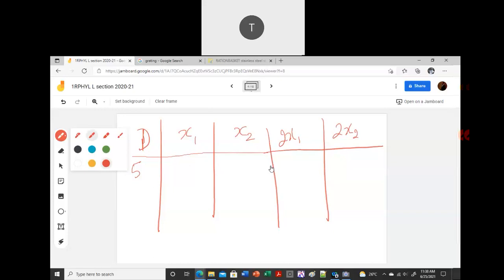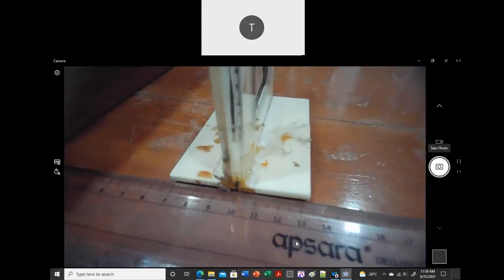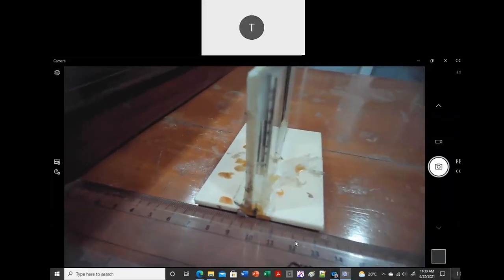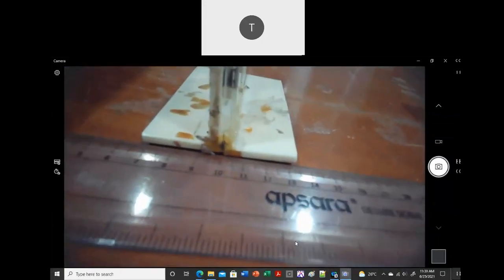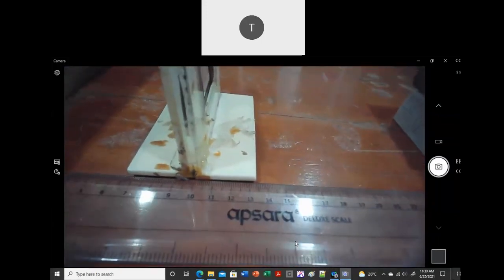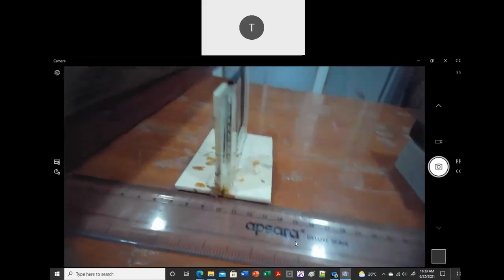Okay, so I will do it for 10 centimeter because it is difficult to show for 5 centimeter. So I kept this at 10 centimeter. You can see the grating, which is in the middle of your grating stand, is at 10 centimeter. That is how you know the distance between your screen and grating is 10 centimeter.